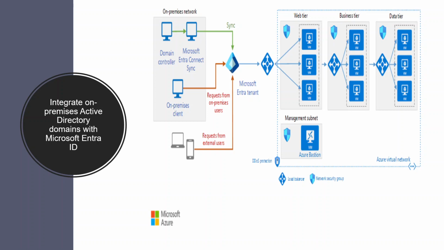The organization just needs to deploy a lightweight agent on their on-premise or IaaS-based environment, which acts as a bridge between Microsoft Entra ID and Active Directory. So a small agent is installed, and the syncing is done through that agent, whether it is Microsoft Entra Connect Sync or Microsoft Entra Cloud Sync.